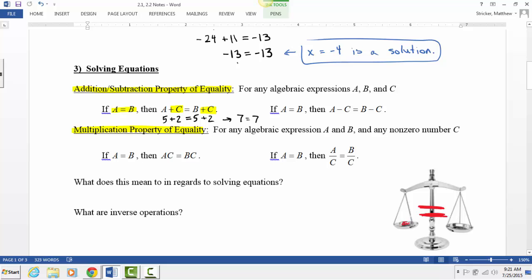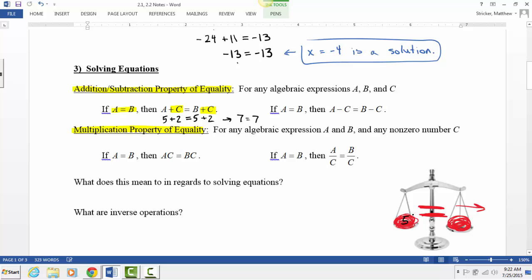But if I have just a little bit here and I have a whole lot over here, that's going to tip the balance this way, and vice versa. If there's more on the left side and less on the right side, it's going to tip the balance to the left. But if they weigh the same, if there's like 5 pounds here and 5 pounds here, that balance is going to be perfectly balanced and the two sides will be equal.